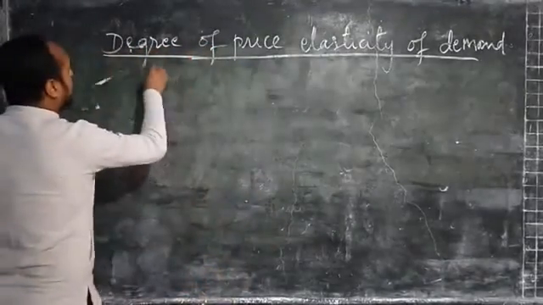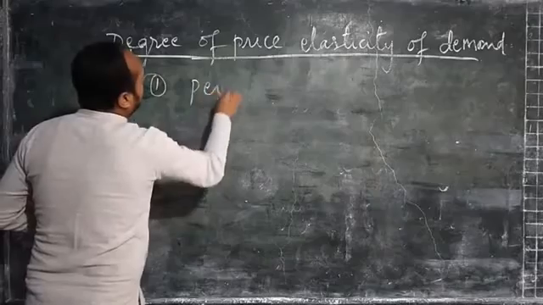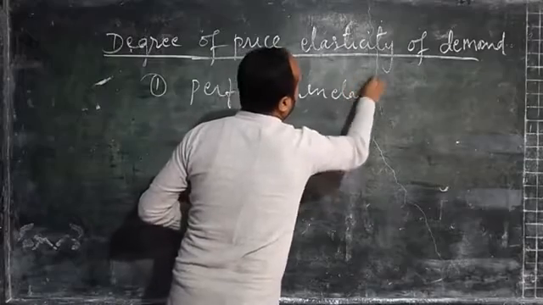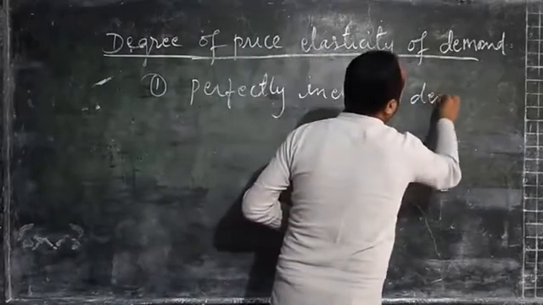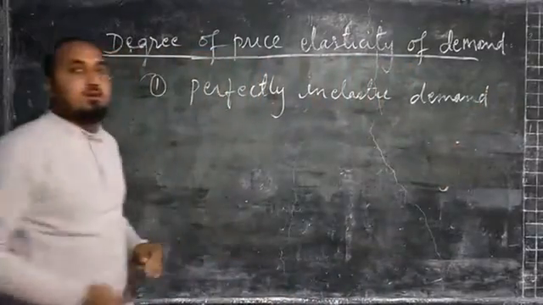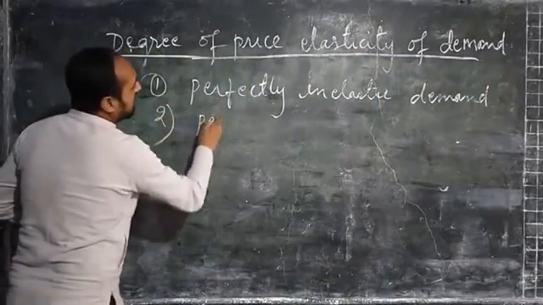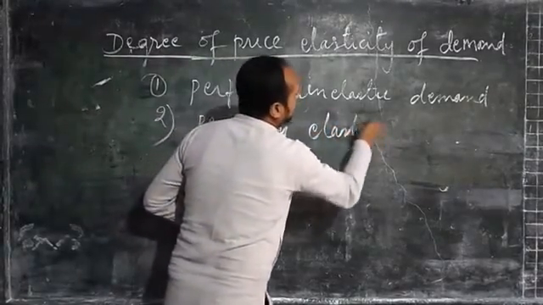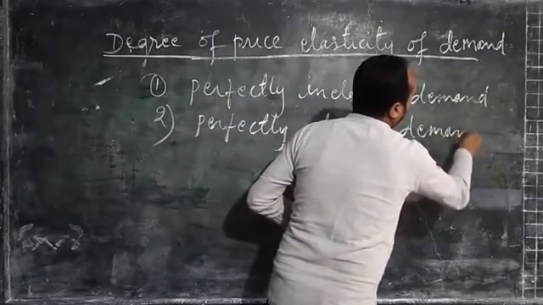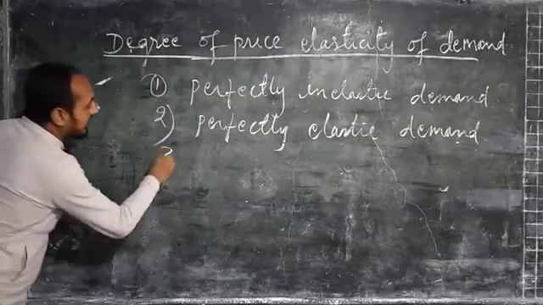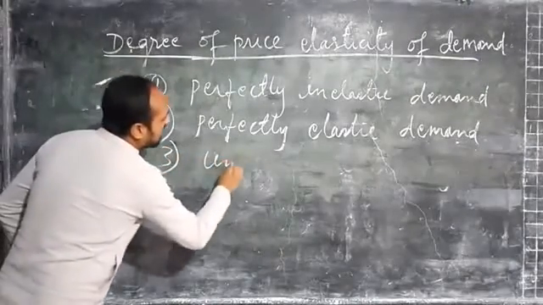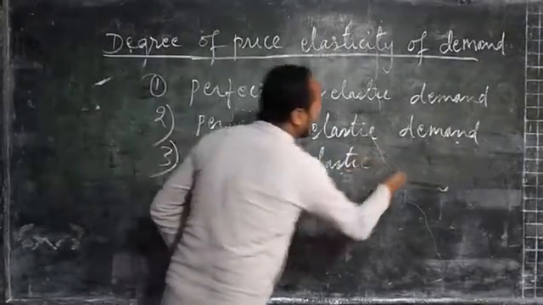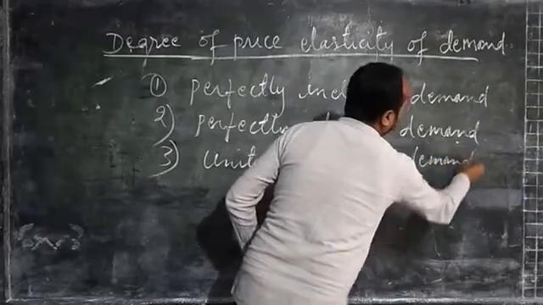Number one we have perfectly inelastic demand. Number 2 we have perfectly elastic demand. Number 3 we have unitary elastic demand.